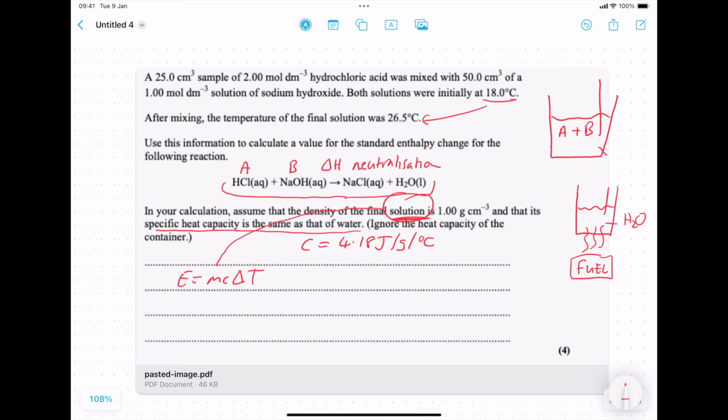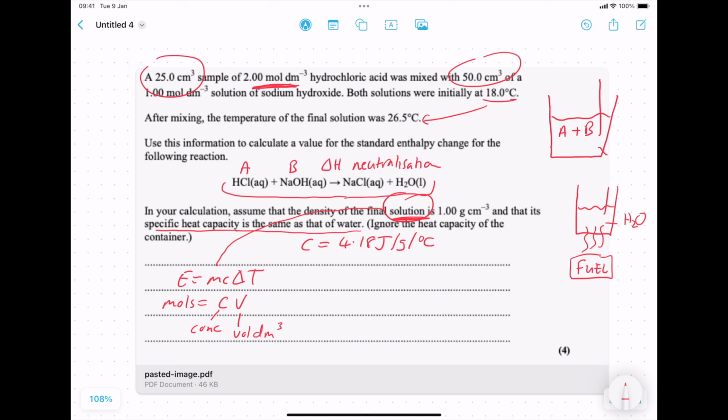Because we are dealing with solutions and not masses in grams, we need the moles formula for solutions, which is moles equals concentration times volume. So the concentration, for example, the HCl, is always in moles per decimeter cubed. That's a standard unit. And the volume must always be converted to decimeter cubed. 1,000 centimeter cubed is 1 decimeter cubed, which means those numbers have to be turned into decimeter cubed.